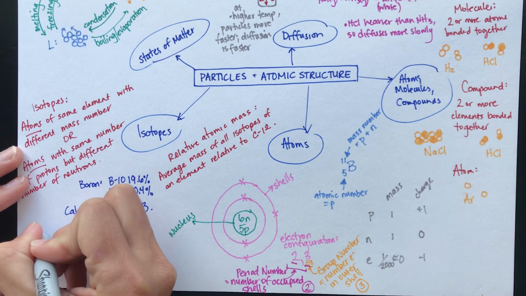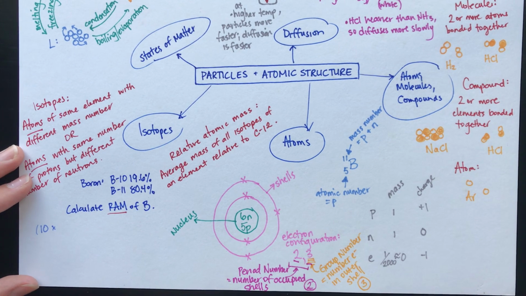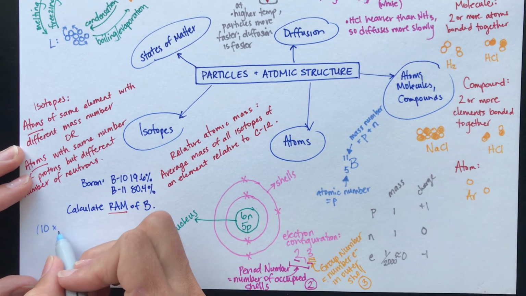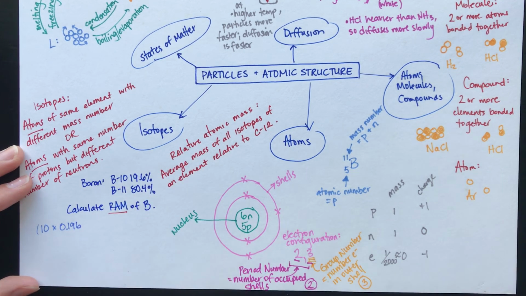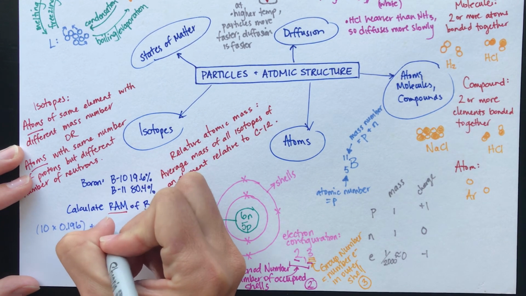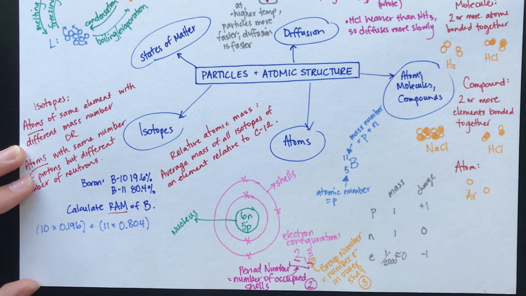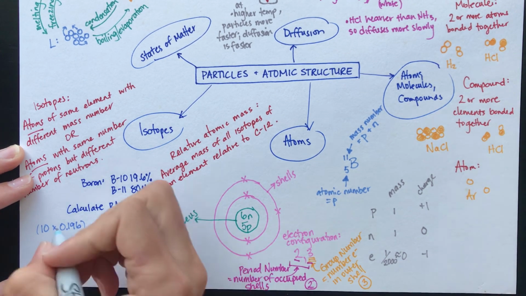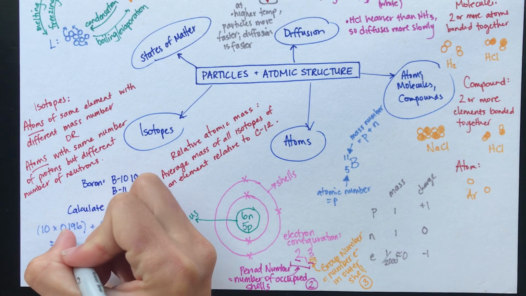So if I do 10 times 19.6%, but I want to write this as a decimal, because I'm doing this mathematically, so it's 0.196. So that's my boron 10. And then 11 times 0.804 for boron 11. Be really careful when you put that into your calculator. If you don't use the brackets, your answer is going to be all out of whack. And we end up with 10.80.